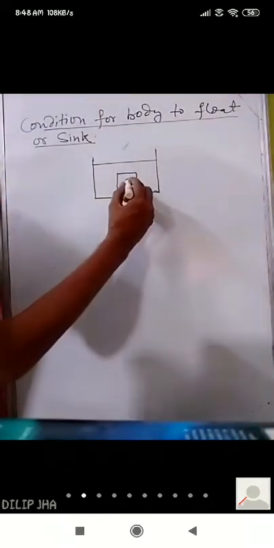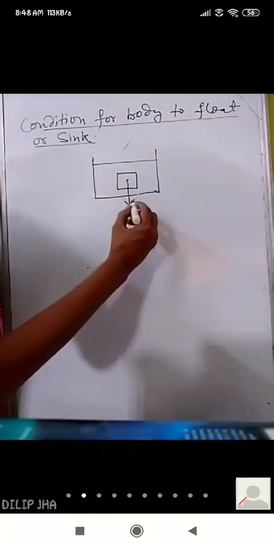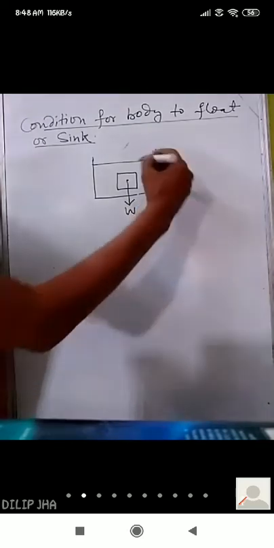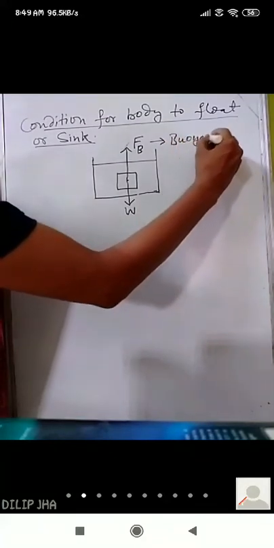One will be vertically downward, that is W, and another is vertically upward. Let it be FB, buoyant force, and W is the weight of the body.